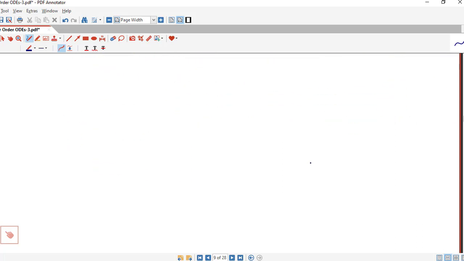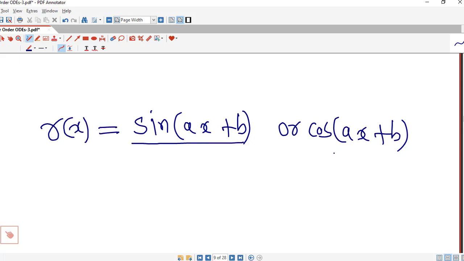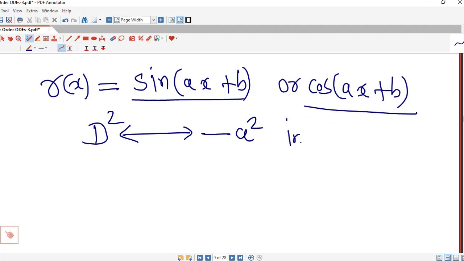So in this way, this was the shortcut method when the right hand side was either sin ax plus b or cosine of ax plus b. If R x, that is the right hand side, is either sin ax plus b or cos ax plus b, we will remember that we will replace d square by negative of a square in f of d.